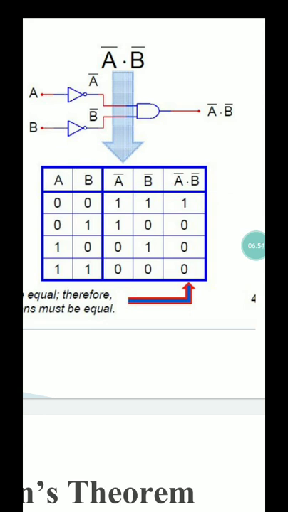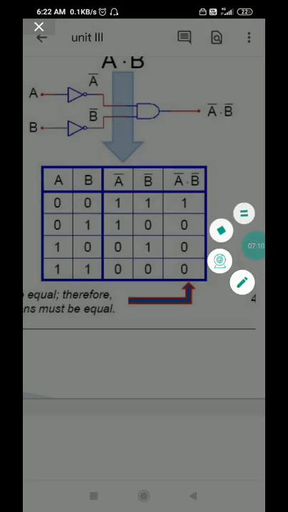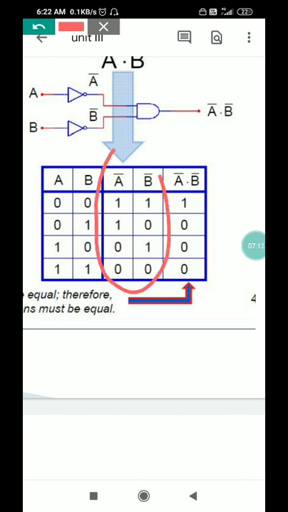We have two inputs A and B, then we have to take the complement of A and B individually and then find out the response of an AND gate. Now the inputs are given and their inverses or complements are also given. These are the complements, these are the original inputs. This is the response.